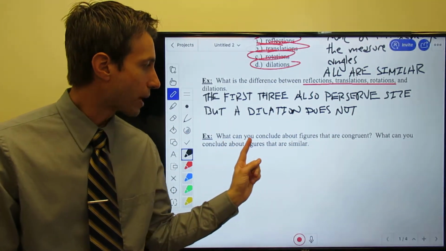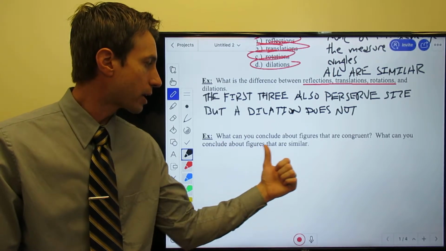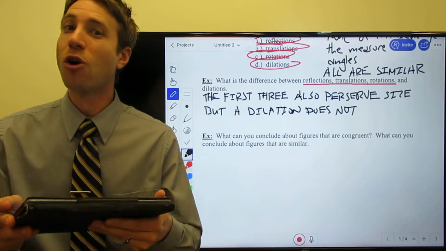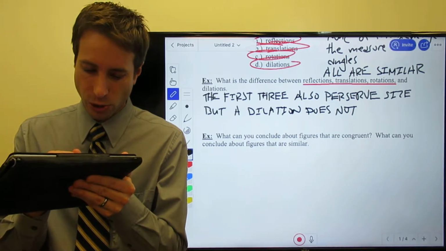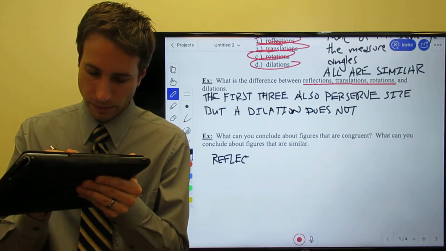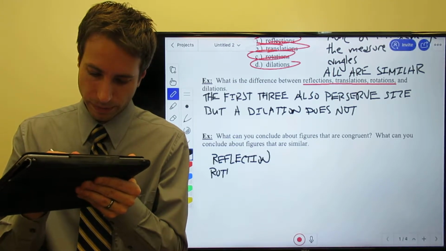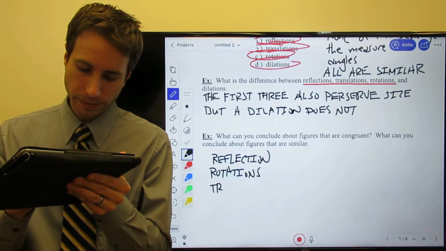Okay, so then what can you conclude about figures that are congruent, and what can you conclude about figures that are similar? Well, remember, here's an important distinction. Reflections, rotations, and translations.